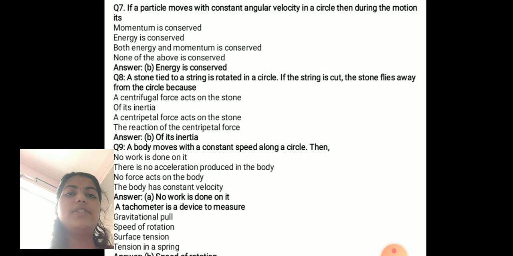Which option is right? Energy is conserved. If the particle moves with constant angular velocity in a circle, then during the motion its energy is conserved.